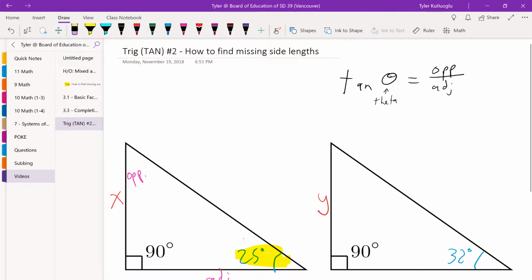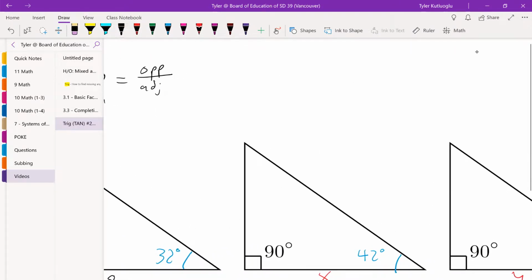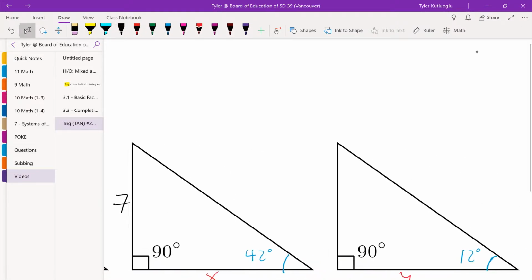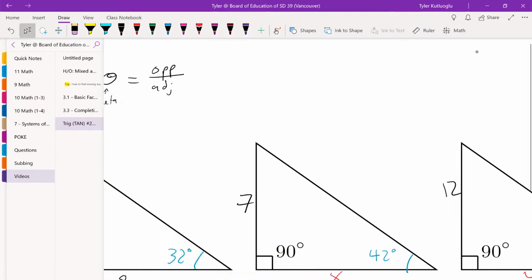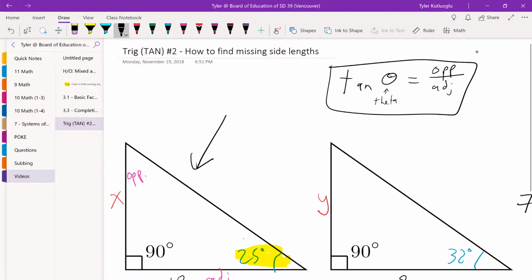All right, so now we have all our triangles labeled and we're going to fill in the equation. Let me just put some numbers in. 10, 8, 7, 12, doesn't matter. Looking at this first triangle, I'm going to take this equation and write it, and fill in the numbers I know.